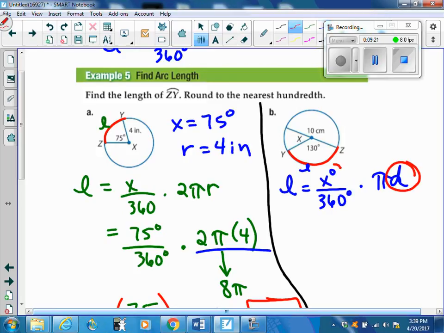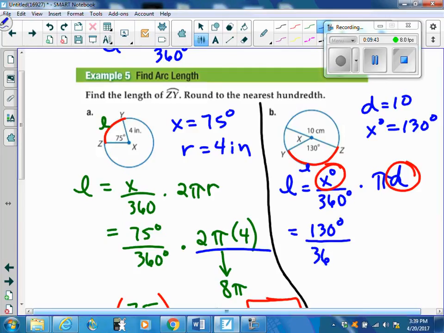I need the diameter, and I need how many degrees are taken up by the arc. Well, my diameter is 10. If I had used 2 pi r, then I would use a radius of 5 because radius is half the diameter. And then my x degrees taken up by the arc is 130. So 130 degrees over 360 times 10 pi. And that's going to be approximately 11.34 centimeters.